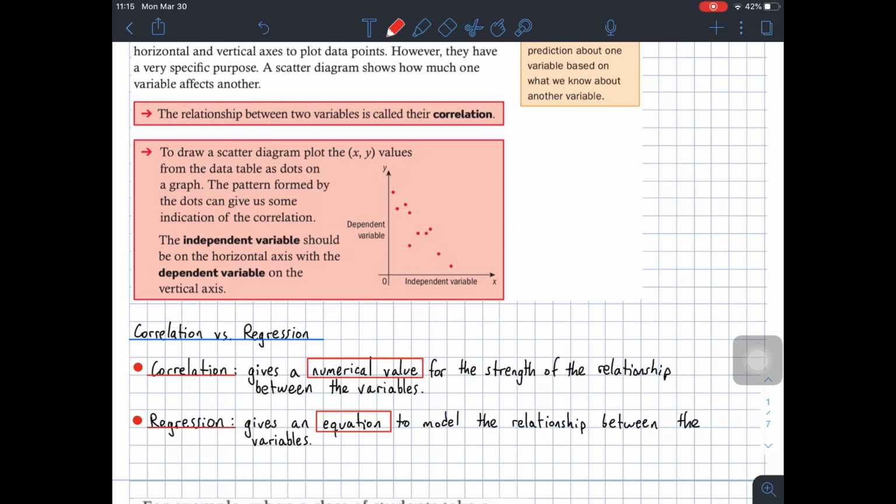We're going to see that also. And regression is an equation. It gives an equation to model the relationship between the variables. So correlation is just a number that tells us how related two variables are, and the regression is the equation that lets me predict or model one result based on the independent variable. Okay.